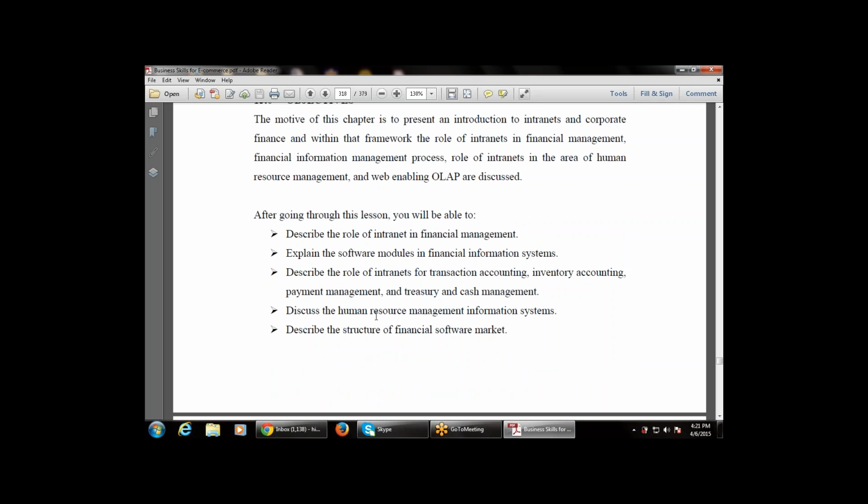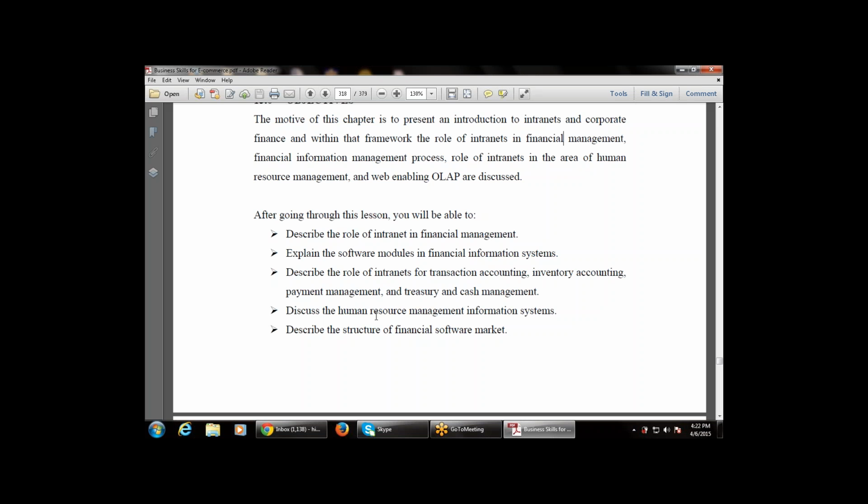First of all, describe the role of the internet in financial management. Then, what software is used in the financial information system? Then, what is the role of the internet for transaction accounting, inventory accounting, payment management, treasury, and cash management?